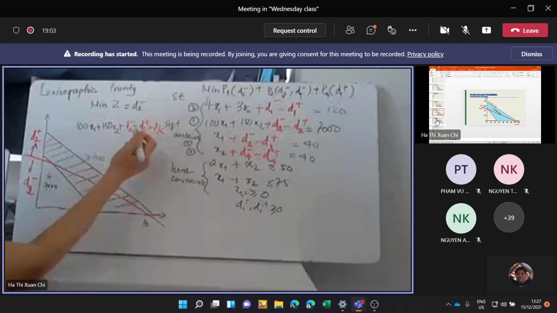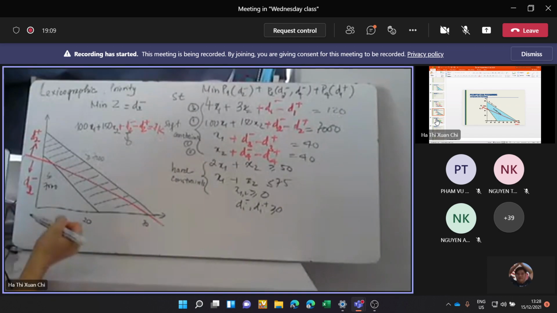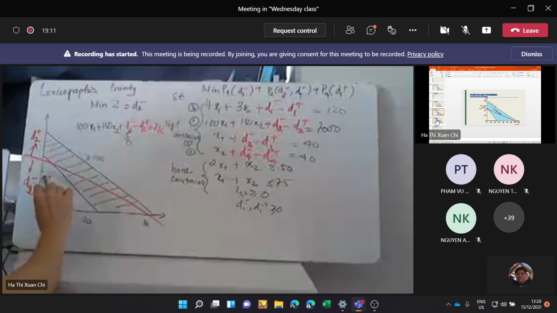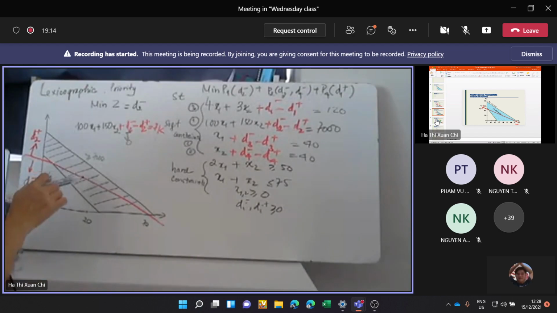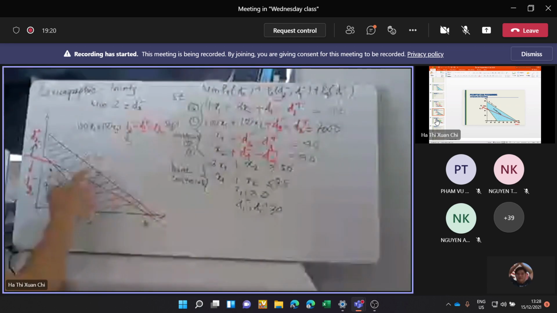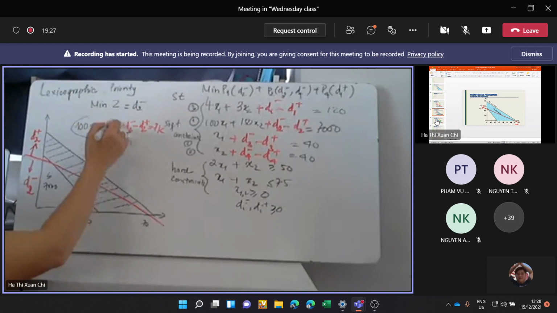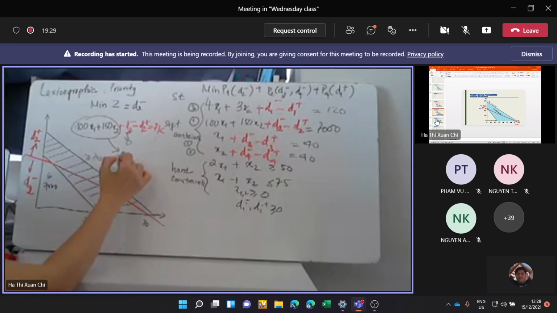So right now I put D2 minus equal to 0, right? You can see that this line can divide into two parts. So this is greater than 7,000, still satisfied, right? Here I can call that A. A minus D2 equals 7,000.